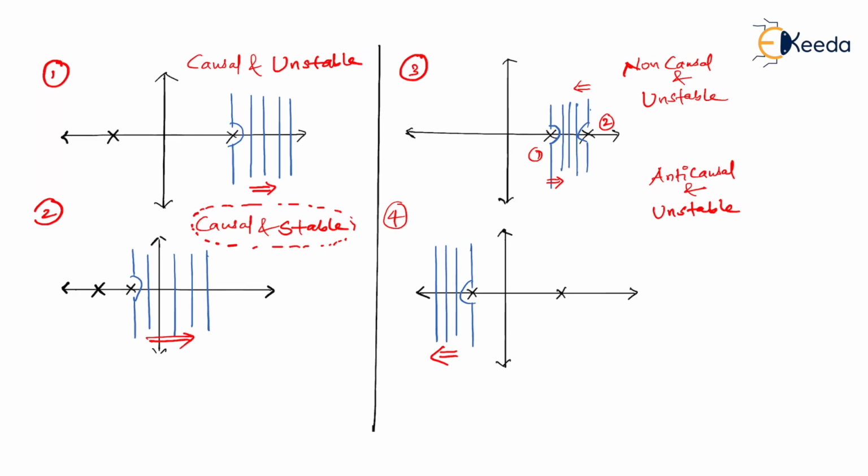I repeat my statement, if you want your system to be causal as well as stable, then all poles should be present on left half of the S-plane. So here all the poles are present on left half of the S-plane, only then the system would be causal as well as stable. Please remember, whether poles are present on left or right, it doesn't affect the causality. But then if you want system to be stable as well as causal, if you want both conditions to be satisfied, then all poles should be present on left half of the S-plane.